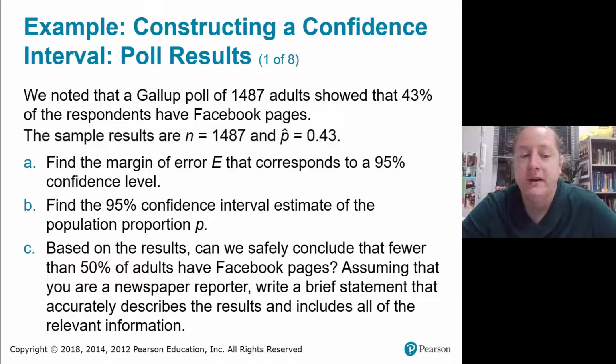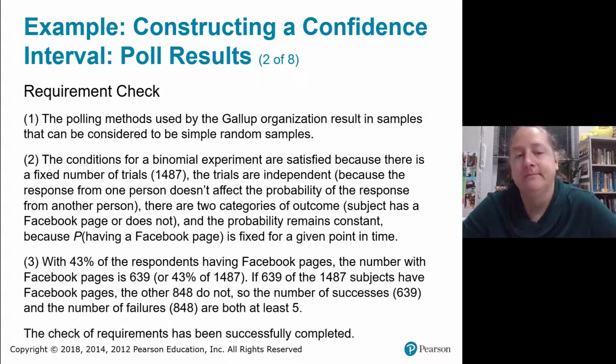We want to find the 95% confidence interval estimate of the population proportion P. And then we want to use our results to find, can we safely conclude that fewer than 50% of adults have Facebook pages? Assuming that we're a newspaper reporter, we're going to write a brief statement that accurately describes the results and includes all of the relevant information.